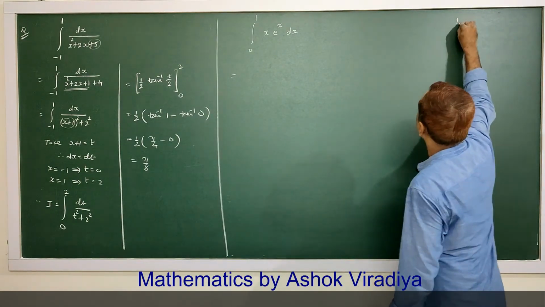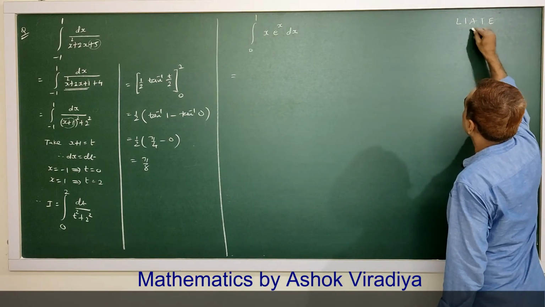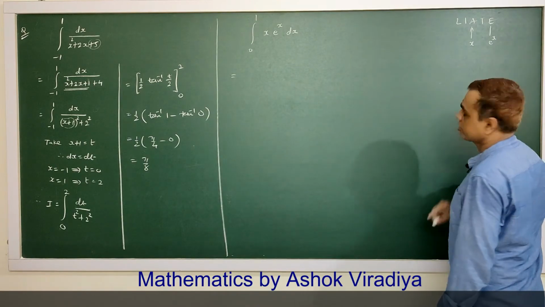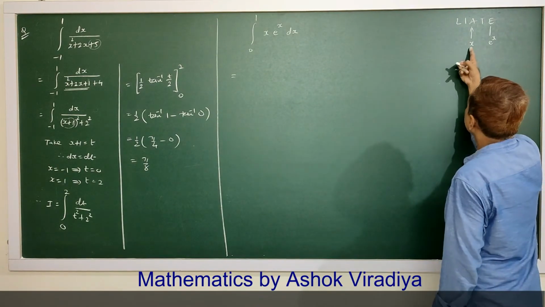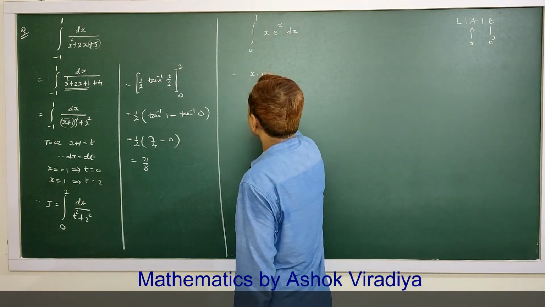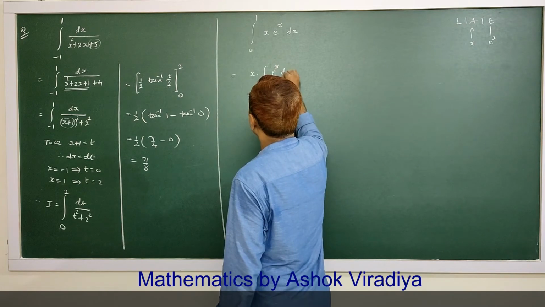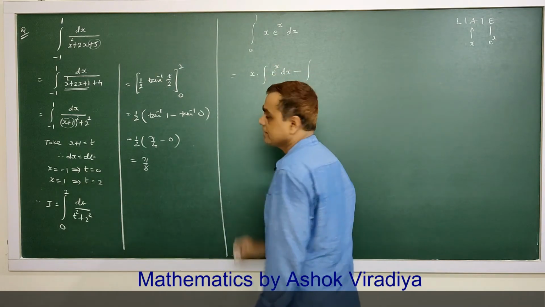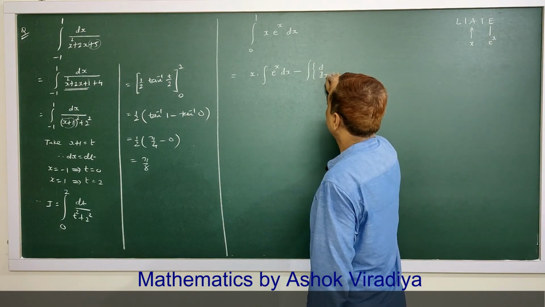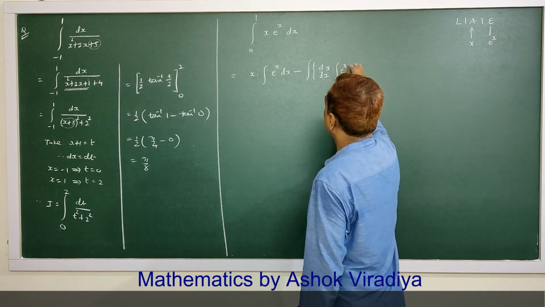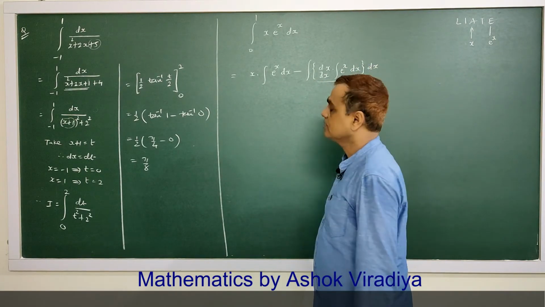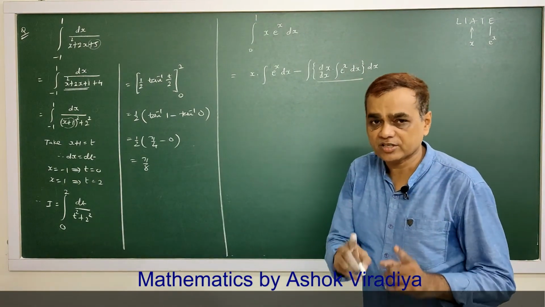See, L I A T E: x is algebraic, e raised to x is exponential. So set this as u and this as v. So u as it is, integral of v, minus integral of derivative of u times integral of v. So this is the rule of integration by parts.